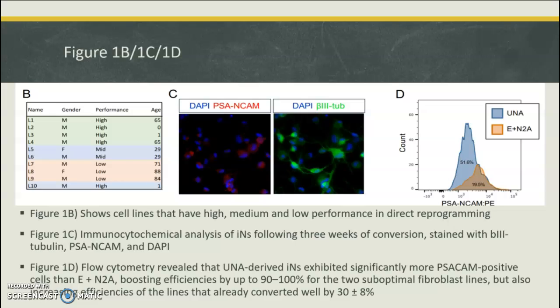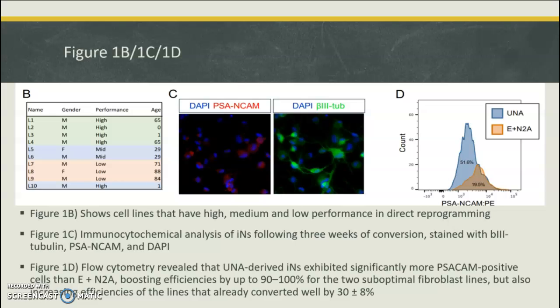Figure 1c indicates immunocytochemical analysis of the induced neurons following 3 weeks of conversions stained with beta-3 tubulin, PSA-NCAM, and DAPI. And this just shows a visual representation of the neuronal markers that we will discuss further on.